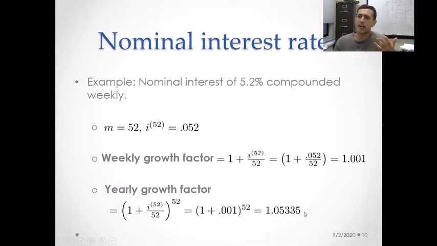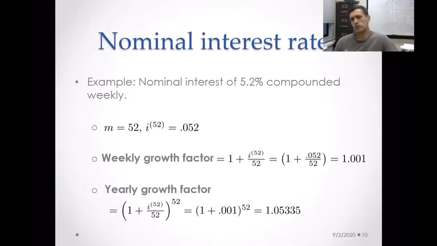So if you got 10% instead, you definitely did something terribly wrong, because 10% is not even close to 5.2%. 5.335% is fairly close to 5.2%.